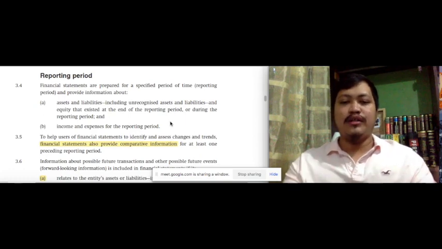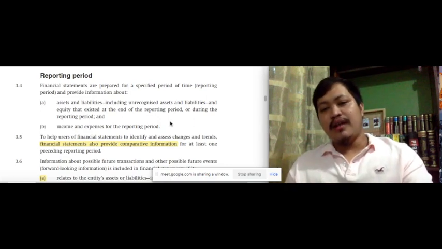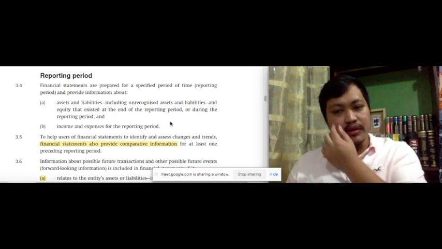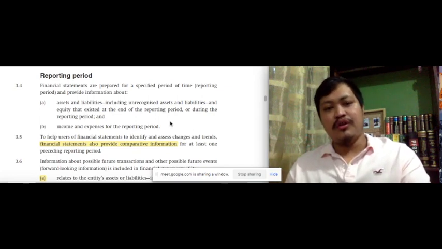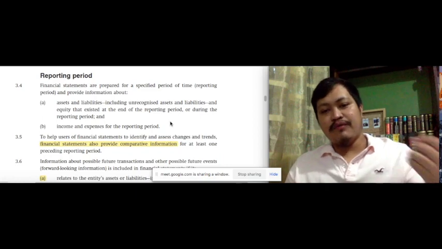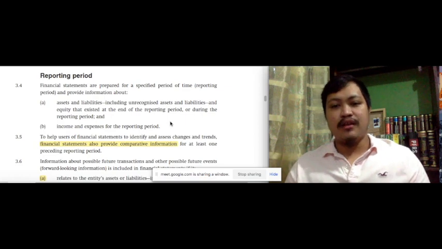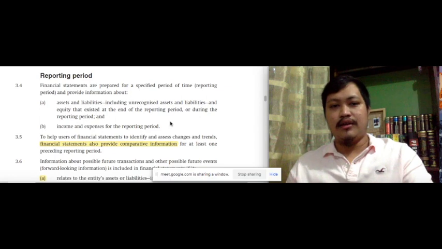Okay, all the rules that we have in the preparation of financial statements work because we are working under the assumption that the entity will not just end at this current reporting period. We are working under the assumption that the entity will continue to operate in the foreseeable future. Okay, that's why we are able to develop depreciation, class, because we understand that the life of the entity is a lot longer than the life of our assets and our liabilities.